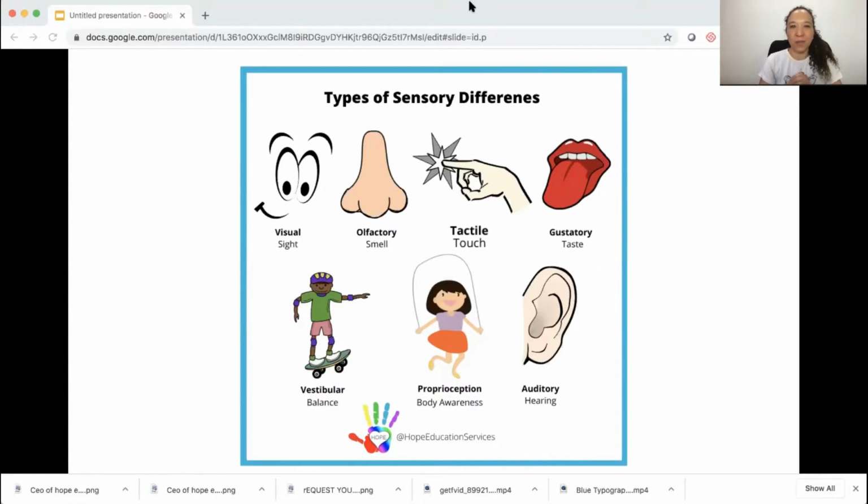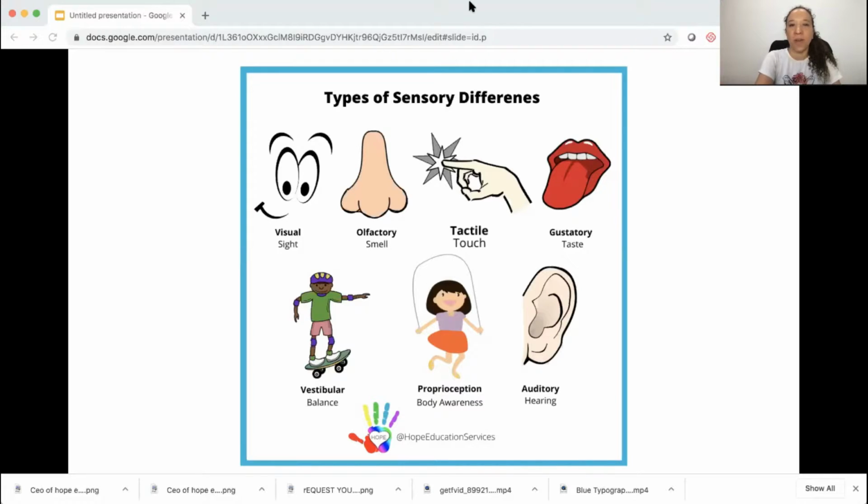So today I have something a little bit different. Usually I just do these videos with my camera on, but today I've actually created some graphics to help you understand this. So when you talk about the sensory differences, all of us have different sensory senses.